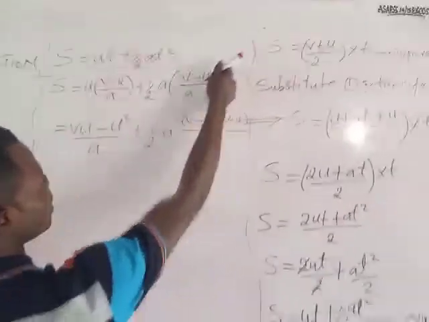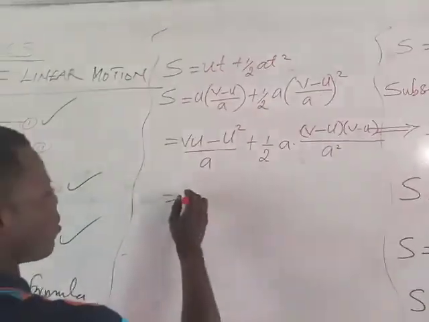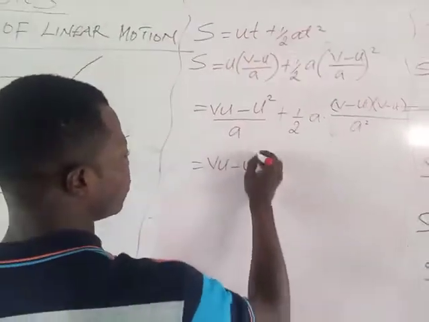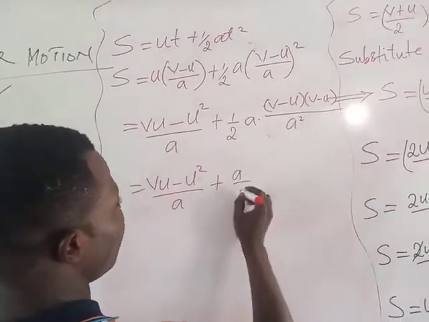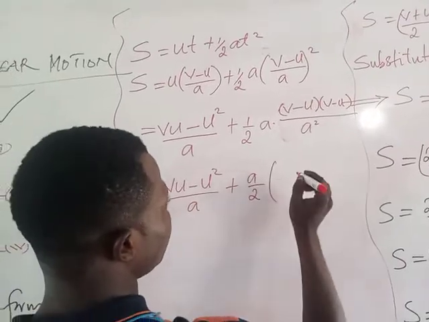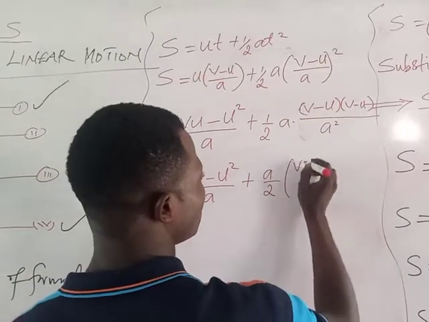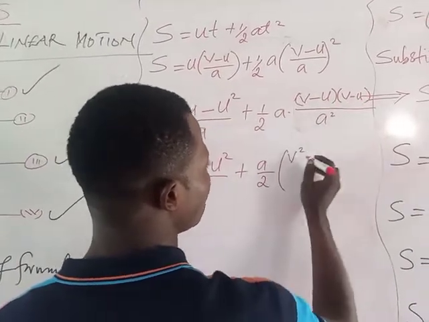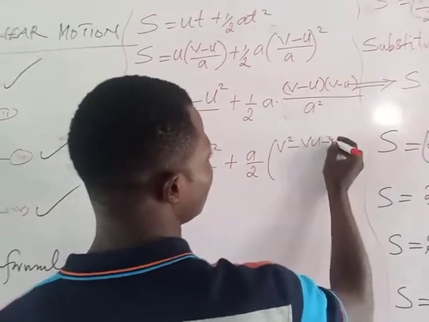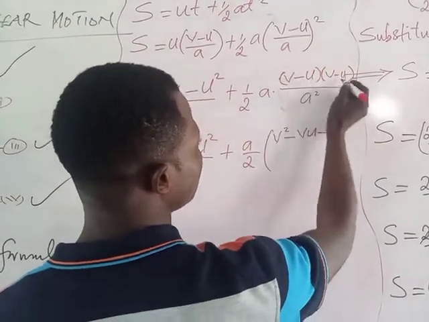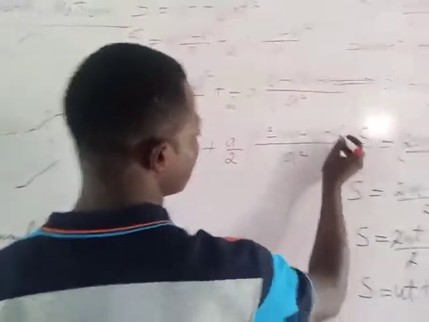So here I'm going to have vu minus u squared over a plus a over 2 into, let me expand this bracket: v times v will give you v squared, v times minus u will give you minus vu, minus u times v will give you minus vu, and minus u times minus u will give you plus u squared, all over a squared.